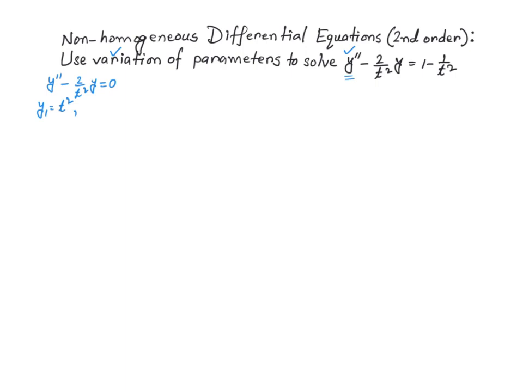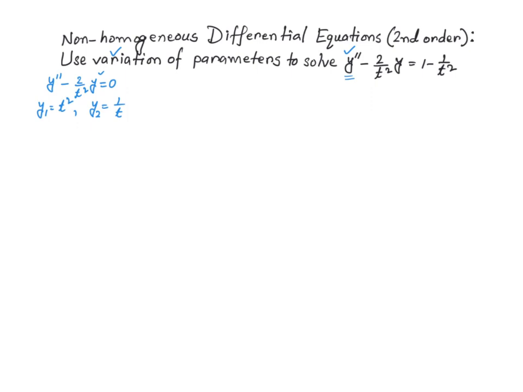Similarly, the second solution is y2 equals 1 over t. And again, that can be checked. If you take the second derivative of this and plug in the value of y, you'll see the left hand side is going to be 0. So these are the two solutions to the homogeneous differential equation.